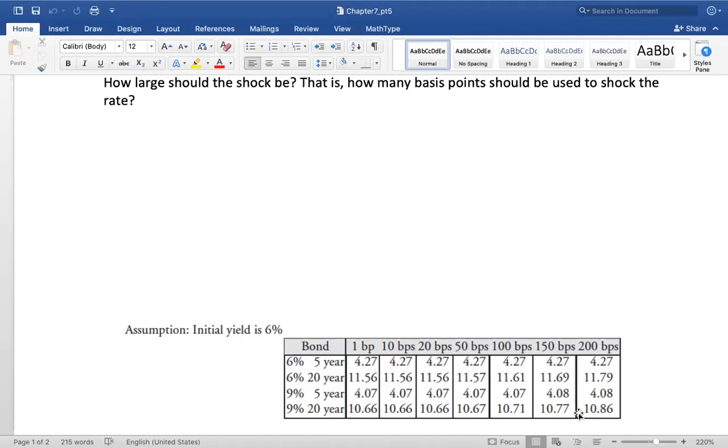So although there is an impact of the basis points we use in calculating the duration on its value for the short-term bonds, for the long-term bonds the effect is large. For the short-term bonds, it's a small, negligible effect. So this shows that duration is not so sensitive towards the basis point assumptions we use.